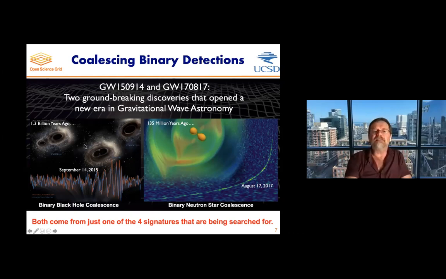And another one that is really mind-boggling, if you look at these kinds of signals, take, for example, this one here. This was a signal where the collision actually happened 1.3 billion years ago. The gravitational wave traveled throughout the universe for 1.3 billion years.